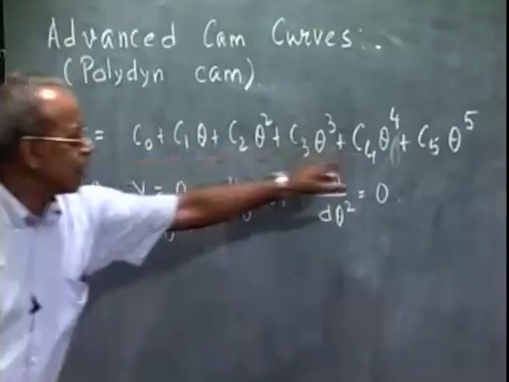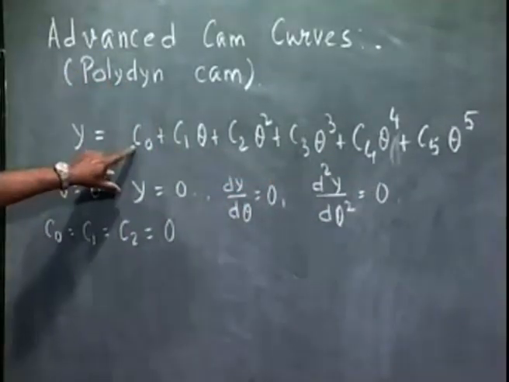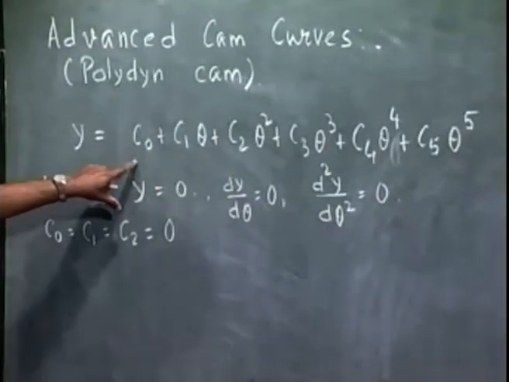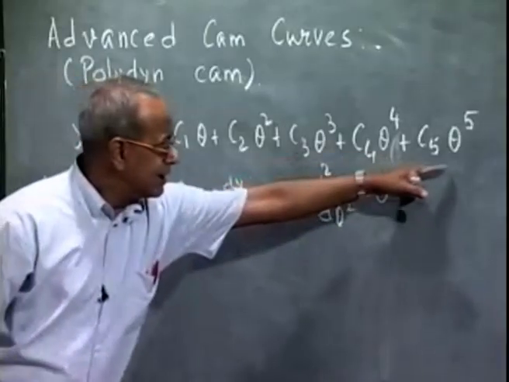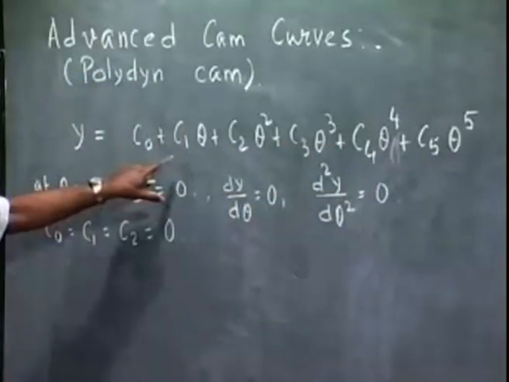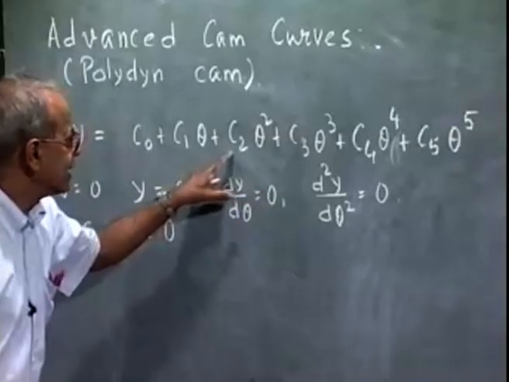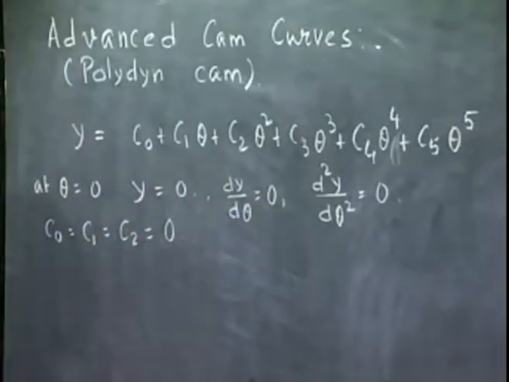Because if you put theta equal to 0 here, y 0 gives me C0 is 0. Similarly, if you take the derivative, C1 stands at the first derivative. At theta equal to 0, all other terms go to 0, so C1 needs to be 0. Similarly, from the acceleration, I will get C2 equal to 0.